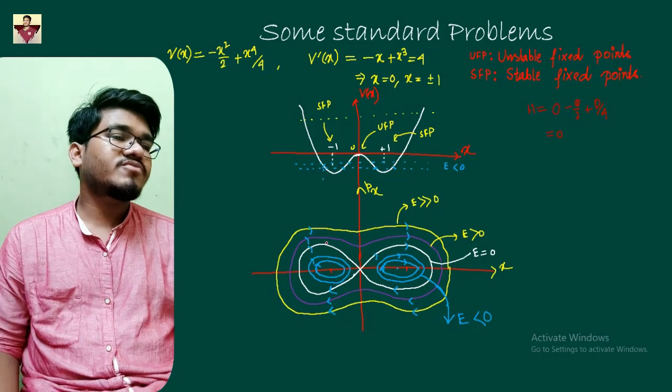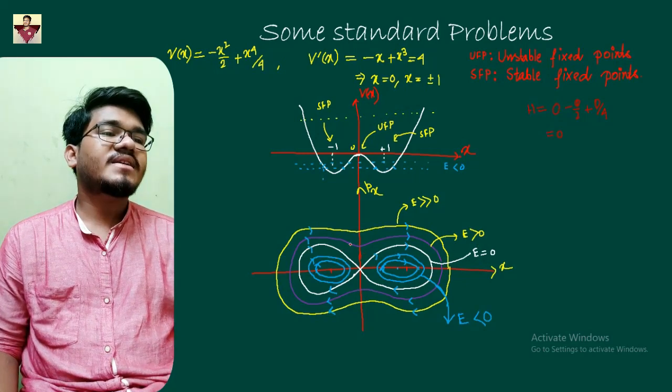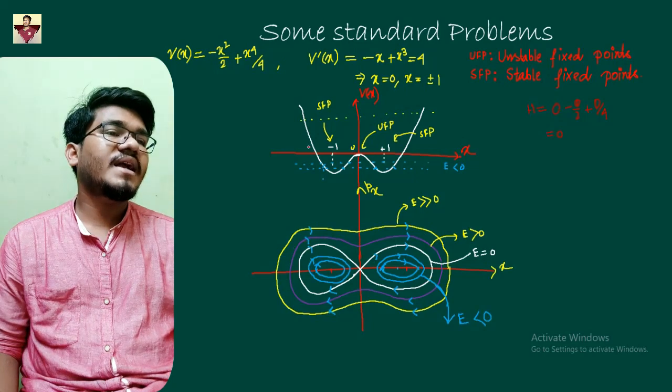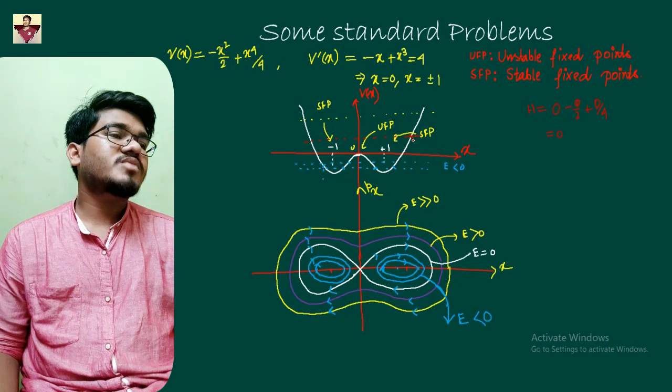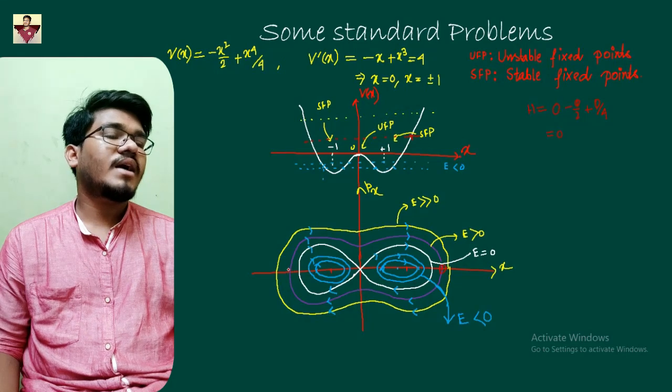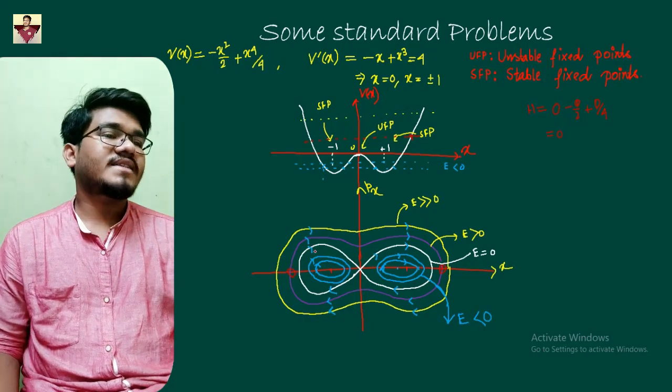So this white curve is for E equal to 0. This is the separatrix. This violet curve is when the energy is slightly greater than 0, let's say somewhere between this. Then at this point the energy curve is intersecting the p-x curve, and at this point the momentum will also be 0, as I have told in other examples.